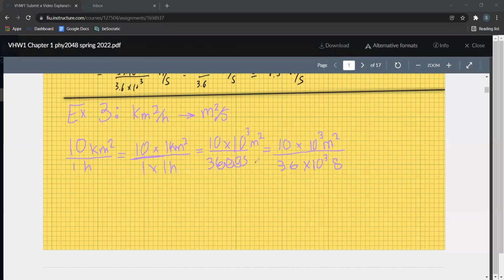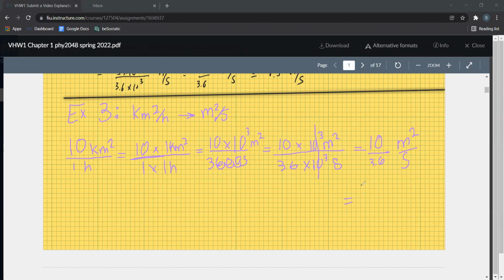This 3,600 is the same as 3.6 times 10 to the 3. They are the same number, just written in different ways. We can cross this out and we get 10 over 3.6 meters squared per second.